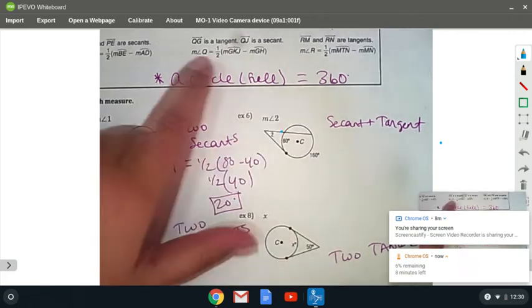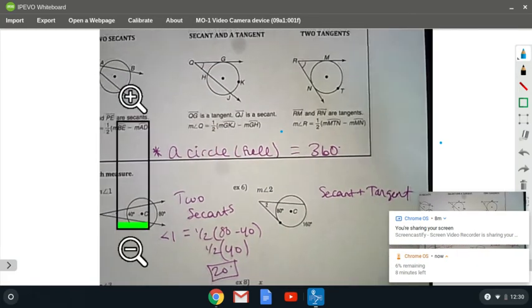That's this problem here. I'm going to zoom out a little bit for you. In order to find angle 2, I'm going to do 1/2 of my bigger arc, 160, minus my smaller arc, 80.